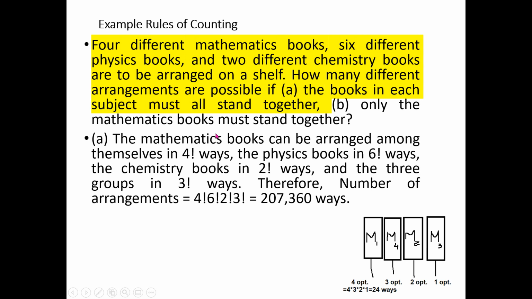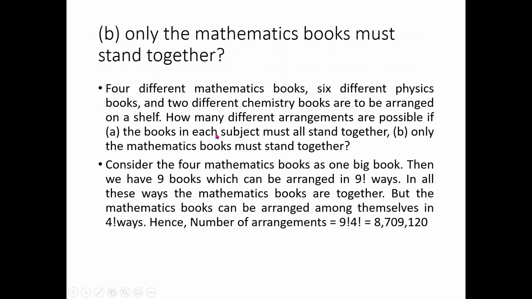So if the condition is only on mathematics books, I'm going to assume that all other books could be arranged in any way. So in total, the 4 maths books can be considered as one big book, right? If these are one big book, how many are left? 6 physics and 2 chemistry.